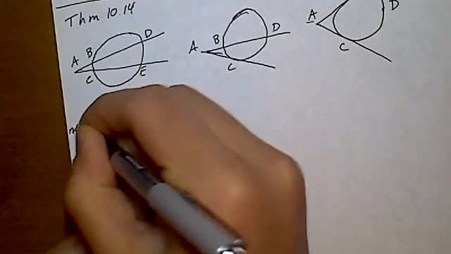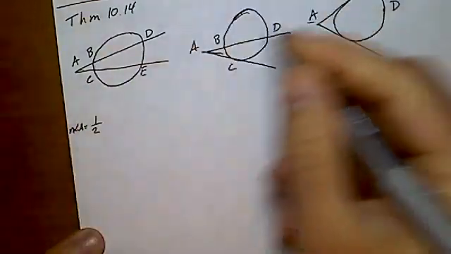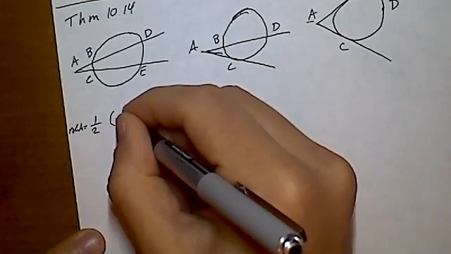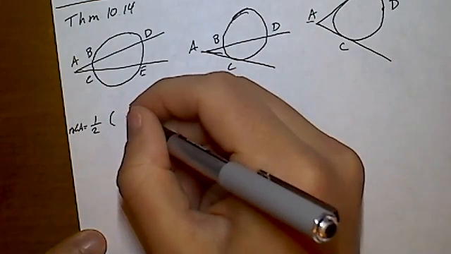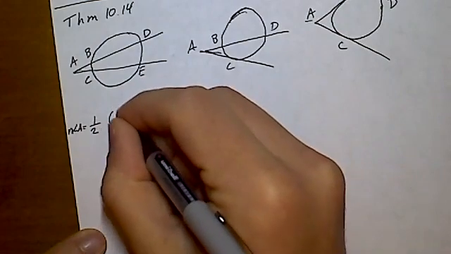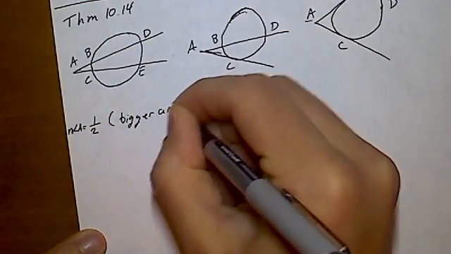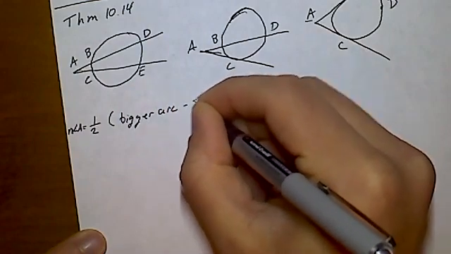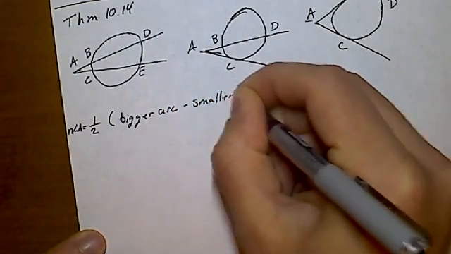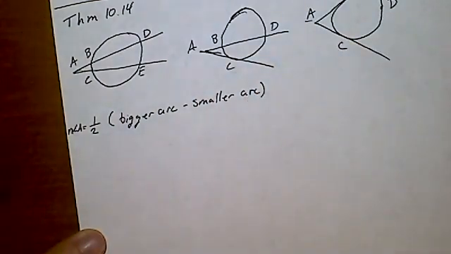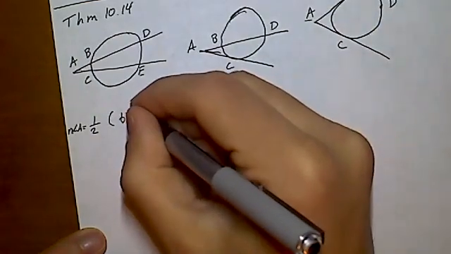The measure of angle A is 1/2 the bigger arc minus the smaller arc. This is not how the book would describe it, but I think it's easier to look at because these are measures.